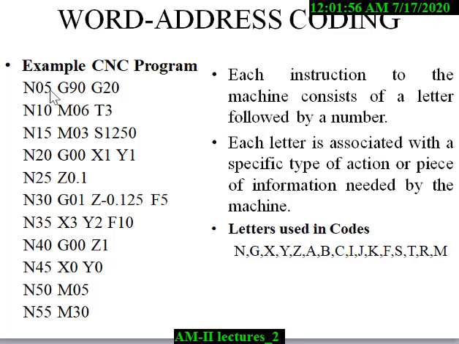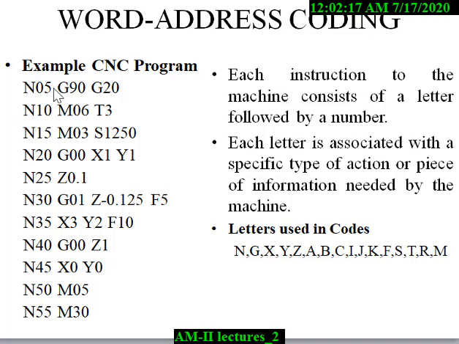Okay, so let us discuss this simple program one by one, line by line. In the first line, N05 is the sequence number. You should start the sequence numbers with an interval like N05, N10, N15.